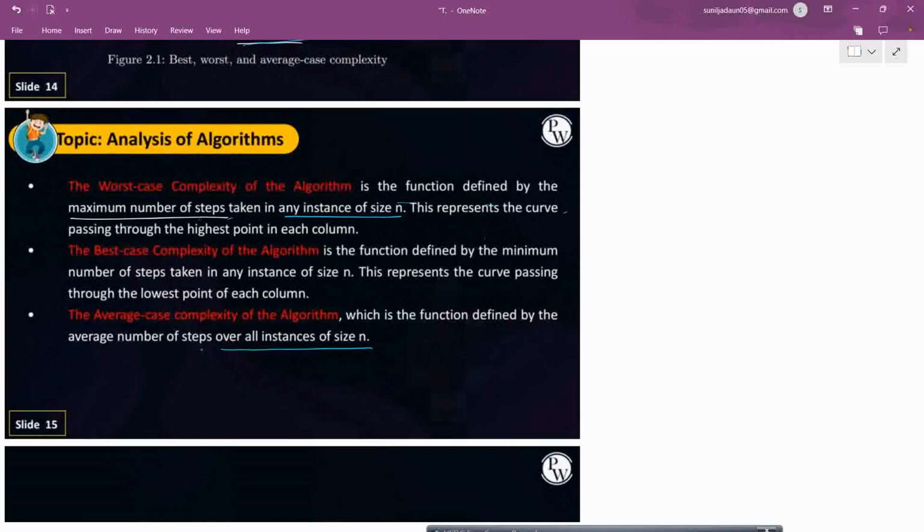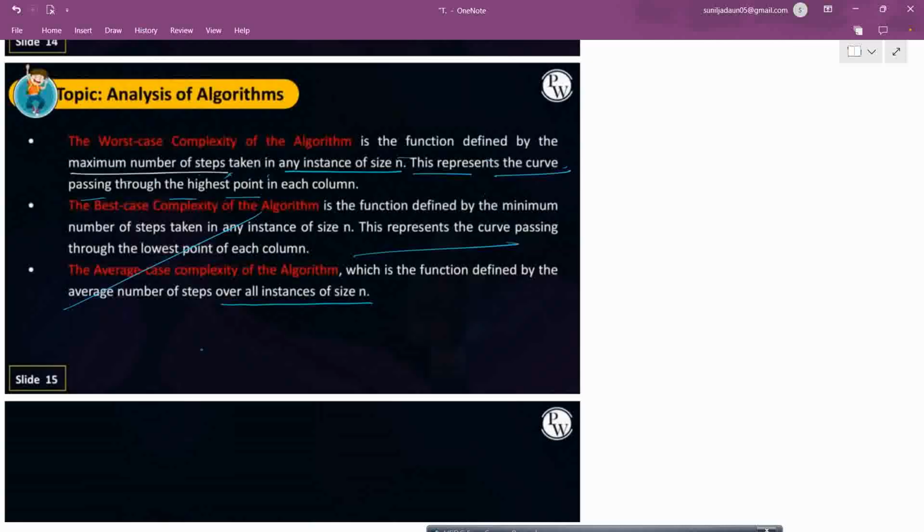This represents the curve passing through the highest point in each column. Best case is the function defined by the minimum number of steps. Average case is the average number of steps.